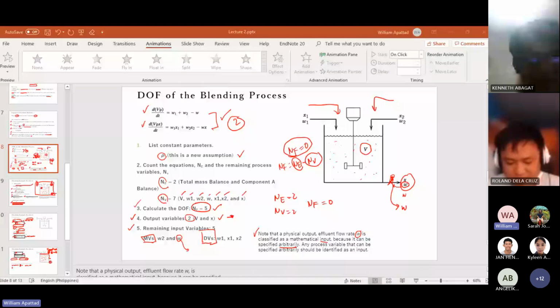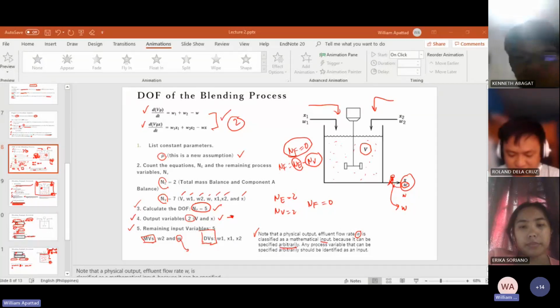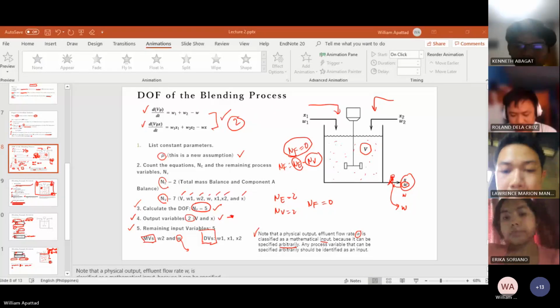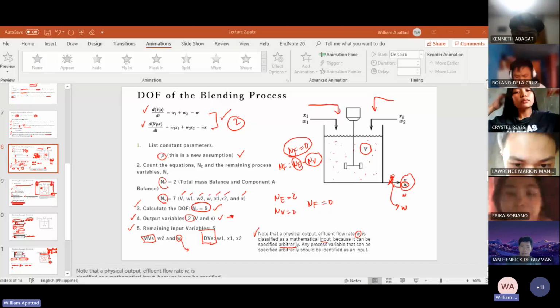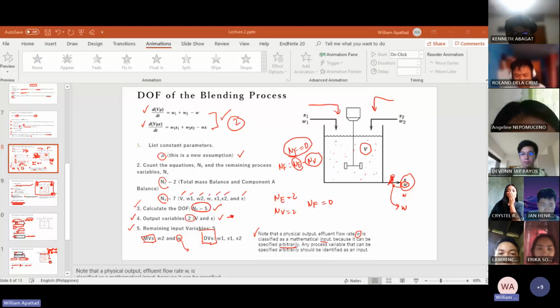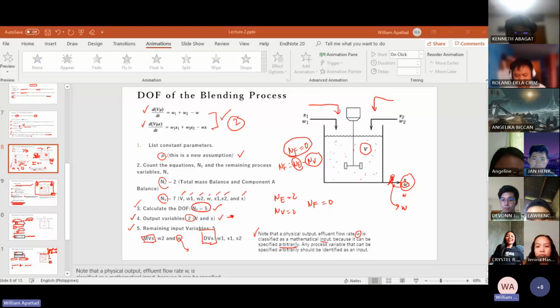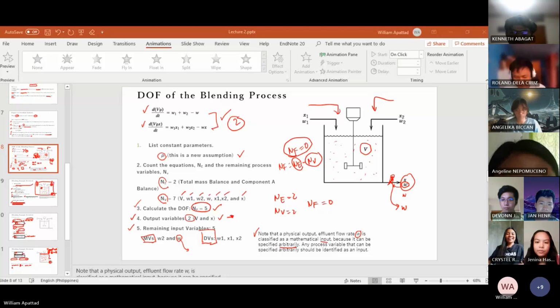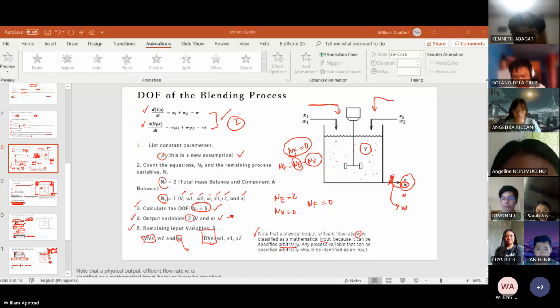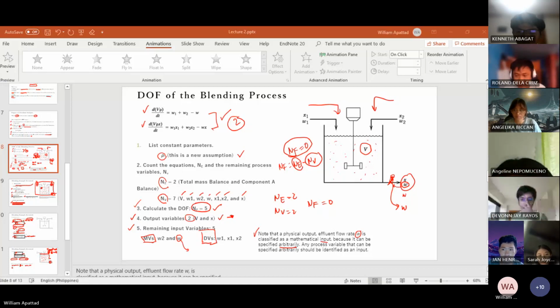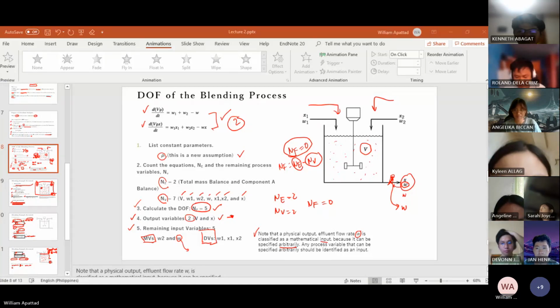Okay. So, open yung camera nyo at mag-picture tayo. Nagta-travel pa si Lawrence? Ay, hindi na. Nakarating na. Hindi po. Yun.